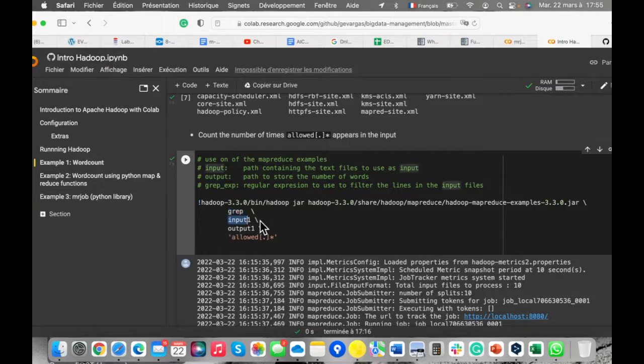And then you provide the input and you say where you want the output. And here particularly it has an input parameter, and your input parameter is the expression that you want to look for. I mean, it's the grep regular expression that you give as input.